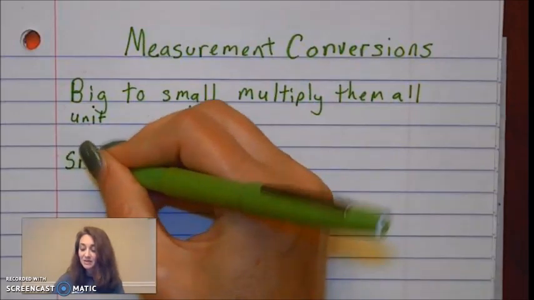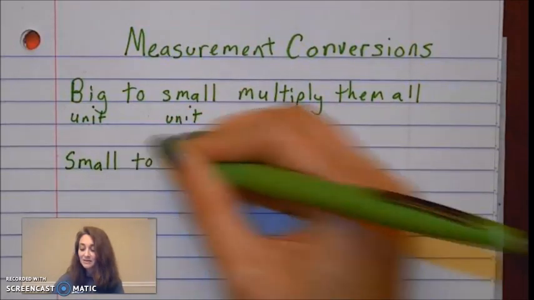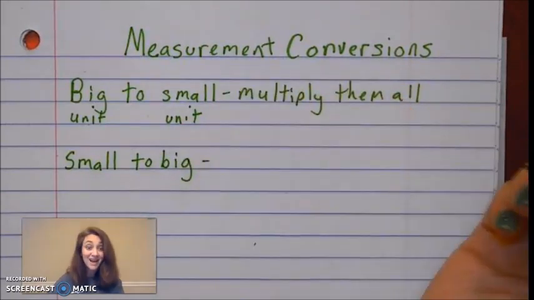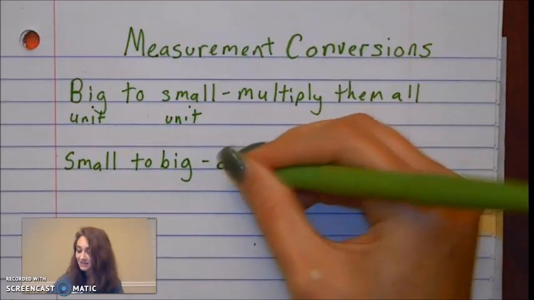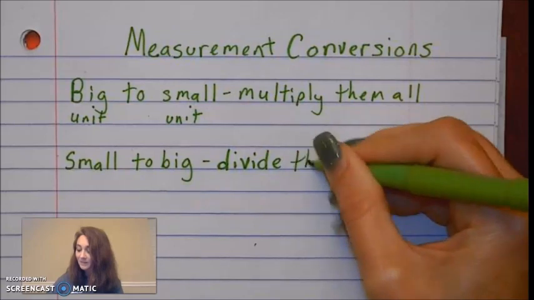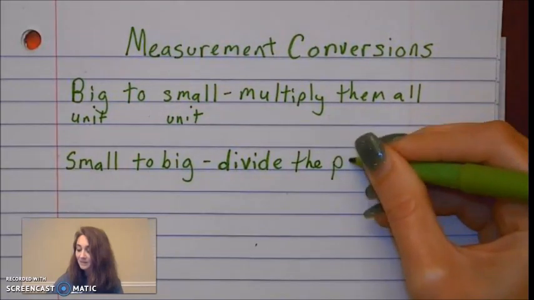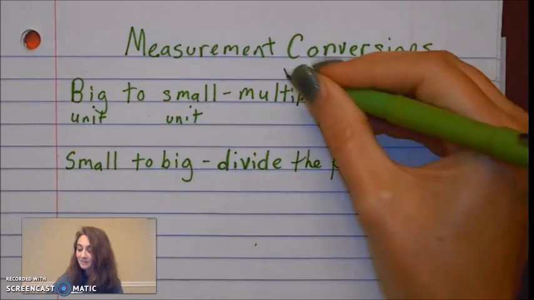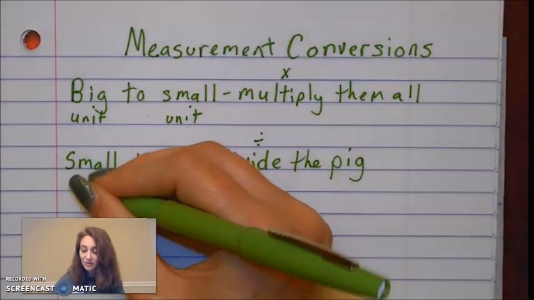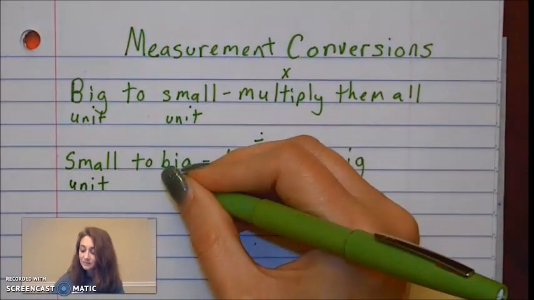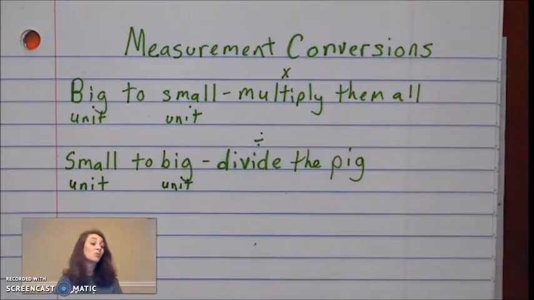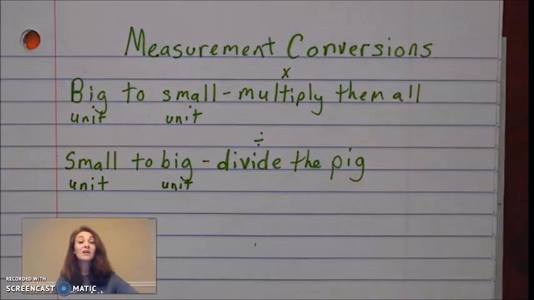Small to big, divide the pig. And again, we're talking about the units, not the numbers that are big and small. Small unit to big unit, we're going to divide. So we're going to do some examples together.